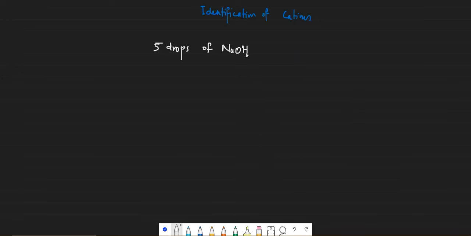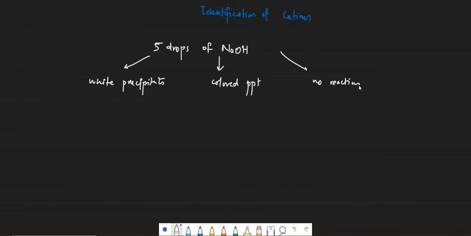Whenever you add 5 drops of NaOH in a solution, there are 3 possibilities. They can be white precipitates, then there can be colored precipitates, and then there can be no precipitates or no reaction. If white precipitates appear, the potential cations can be aluminium, zinc, lead, and calcium.